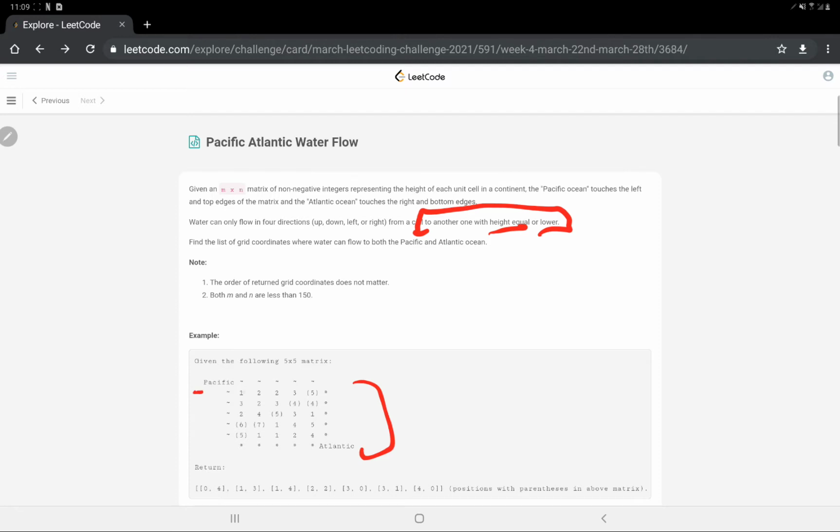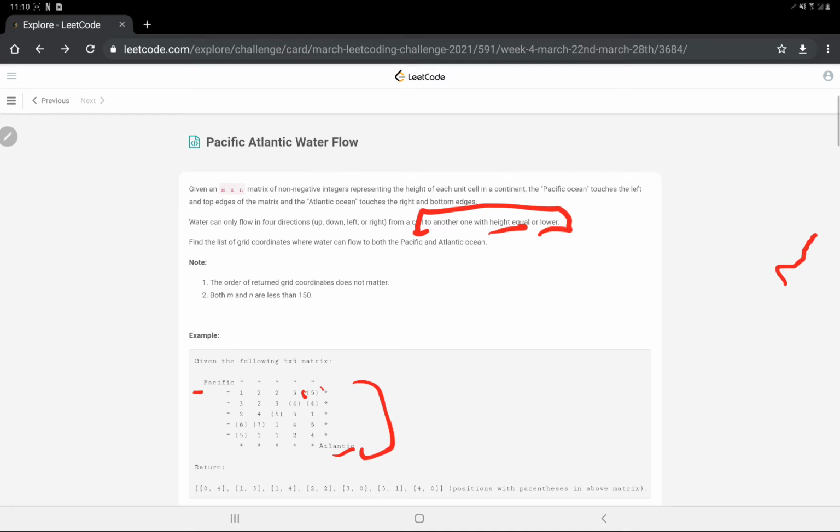This is Pacific and this is Atlantic Ocean, and these are the heights given to us in the form of a 2D matrix. Water can only flow from a height that is bigger to lower, because water can flow only from high to low, not low to high. So that's the same thing that is given in the question as well.